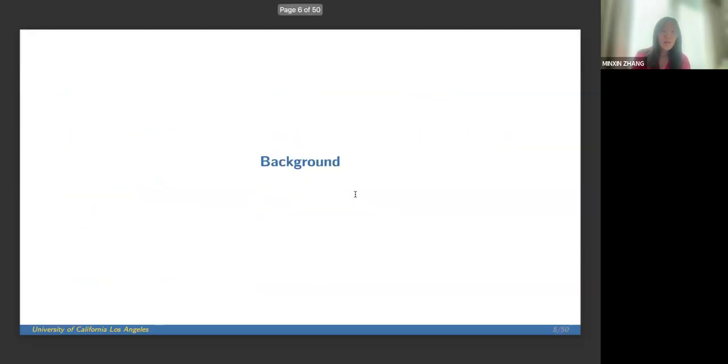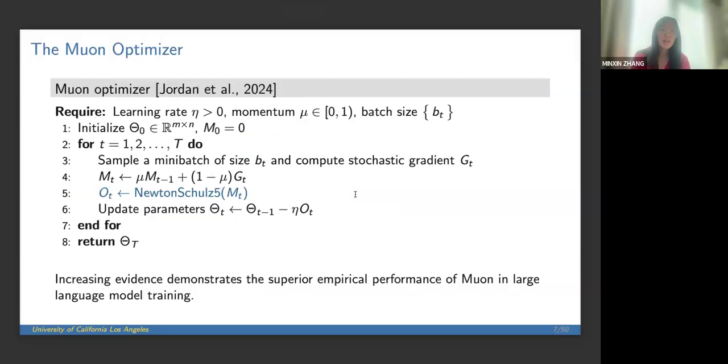So the background is that earlier last year, a new optimizer called the Muon optimizer was proposed, and there has been increasing evidence demonstrating the superior empirical performance of this optimizer, especially in large language model training.